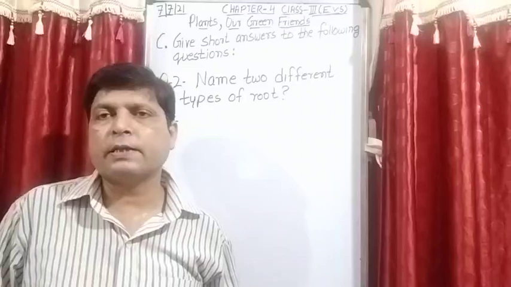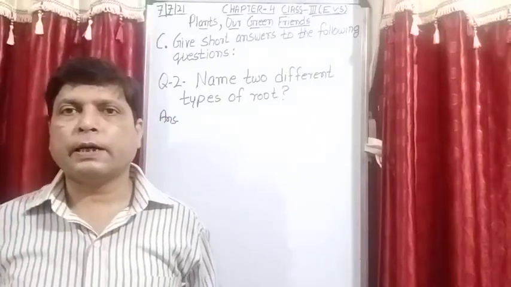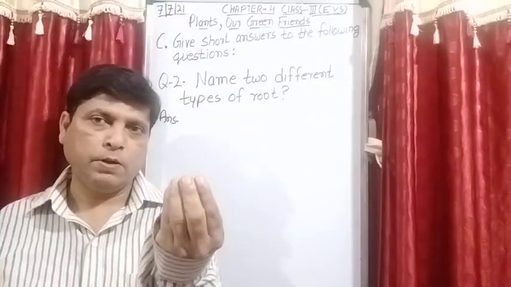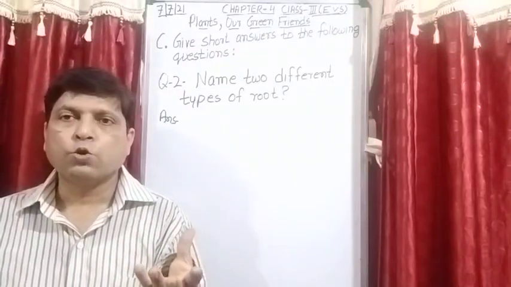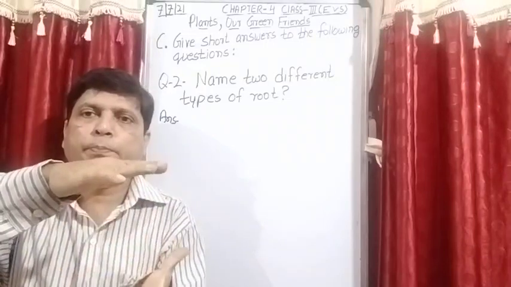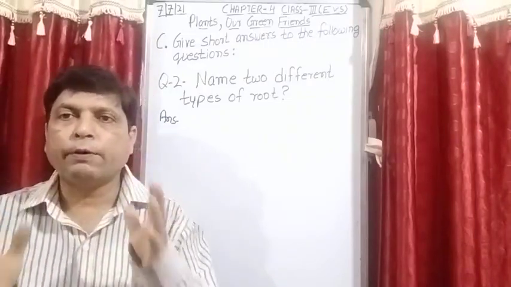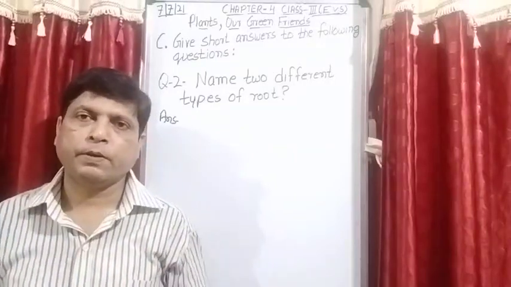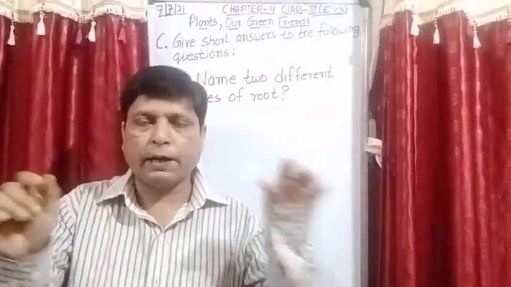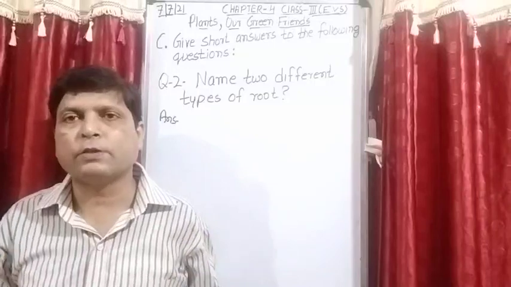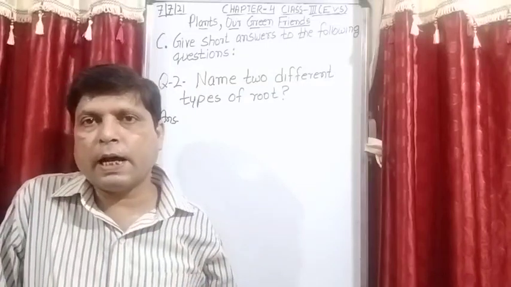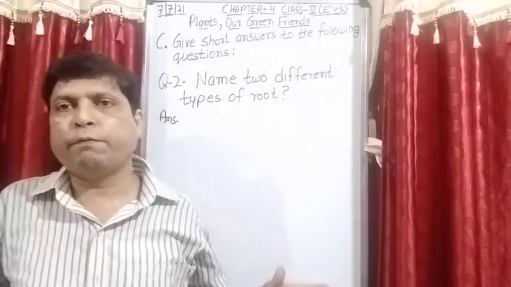And another one is known as the fibrous root. In the case of a fibrous root, roots are attached to the stem, so from the base of the stem many roots arise, of the same size, and they spread in different directions.